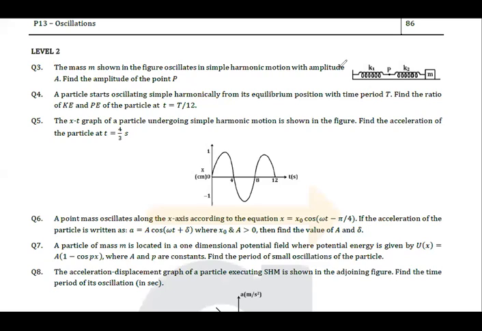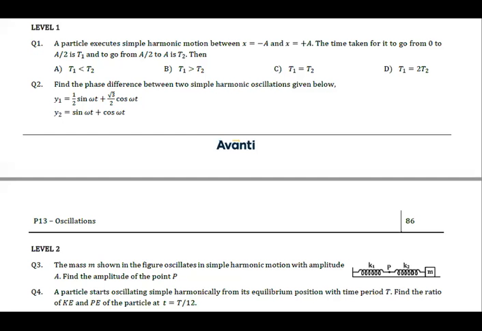Question number 3, everyone. That's correct now because two simple harmonic motions. This is y1, this is y2. This is 60 degree, and this is 45 degree. Yes or no? And they're asking the difference between these two. Got it, Meet?